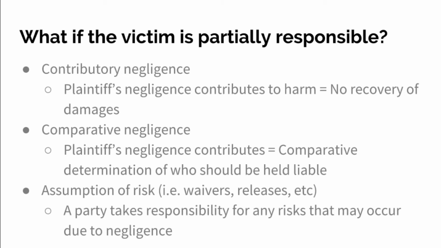In addition to this, if you've ever taken maybe a martial arts class or went whitewater rafting or something like that, you probably had to sign a waiver. And what a waiver does is it allows an individual to assume the risk of the activity that they're participating in.